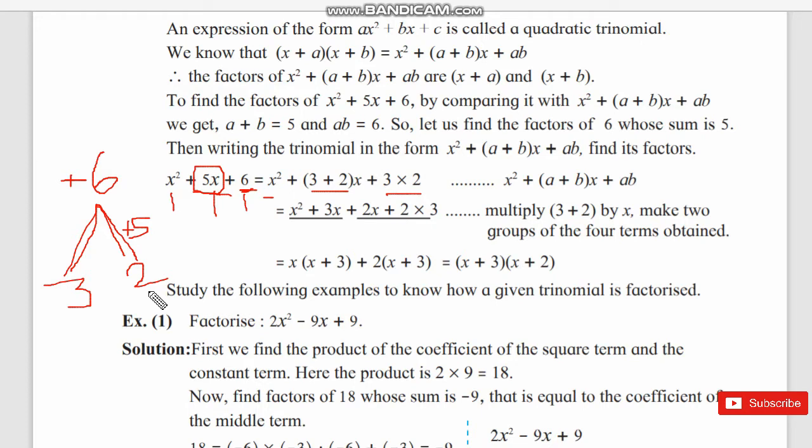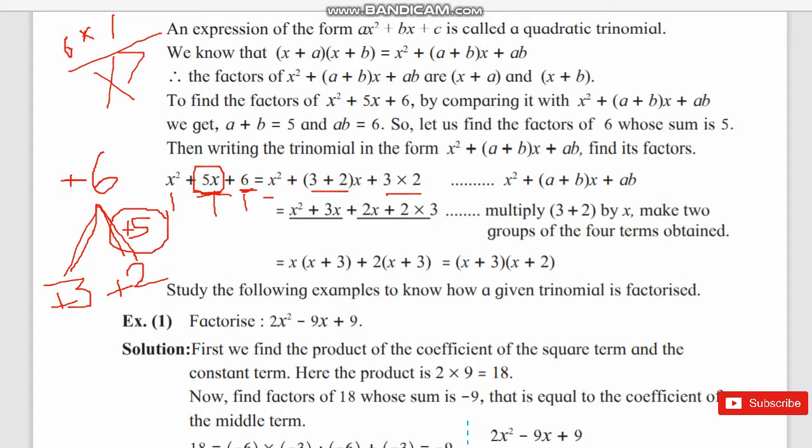We also know that 6 is 6 into 1, but the sum of 6 and 1 is 7, and this is not suitable for this expression, because the middle term is plus 5. The sum of these factors must be 5. So plus 3 and plus 2 are the factors for the given expression.